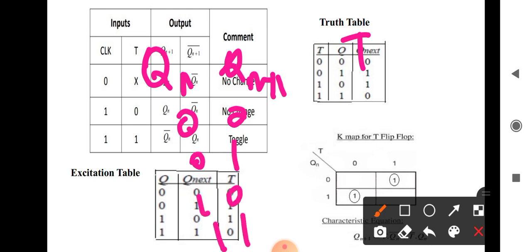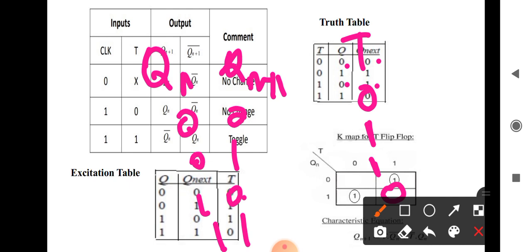When Qn is equal to 0 and Qn next is equal to 0, then T is equal to 0. When Qn is equal to 0 and Qn next is equal to 1, what is T? T is 1. When Qn is equal to 1 and Qn next is equal to 0, T is 1. When both are 1, then it is 0 here.